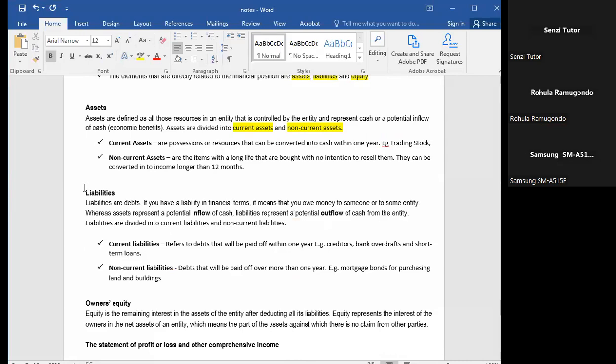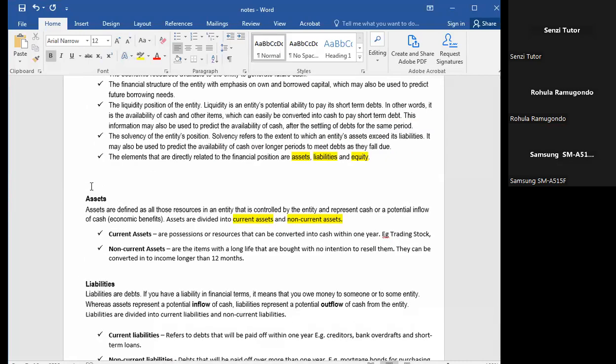We are going to start by looking at the elements of financial position.